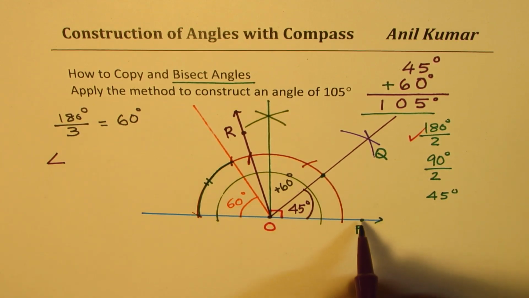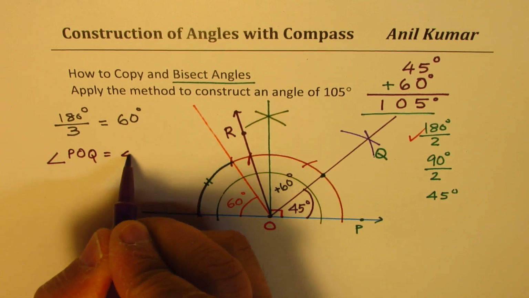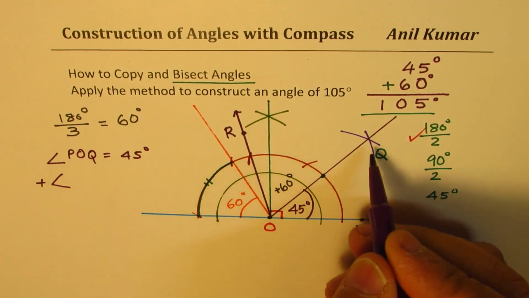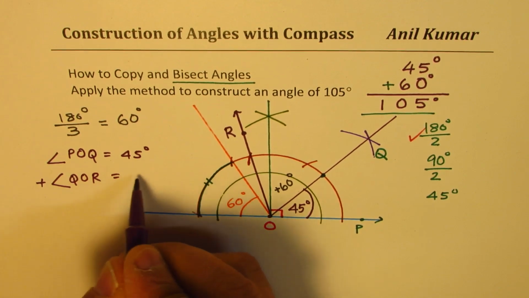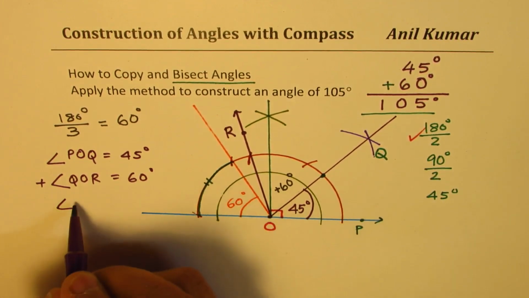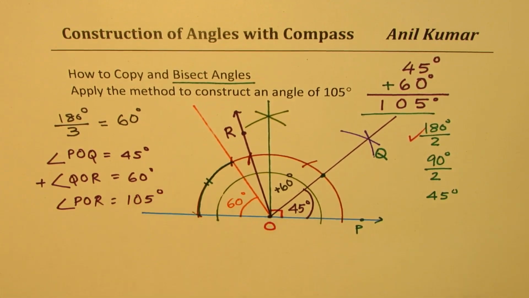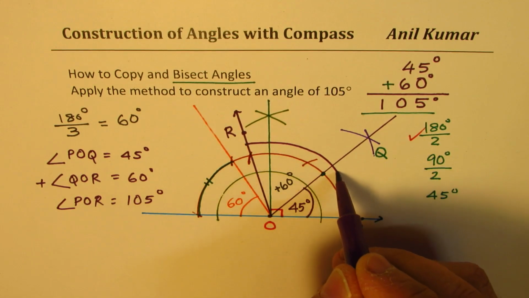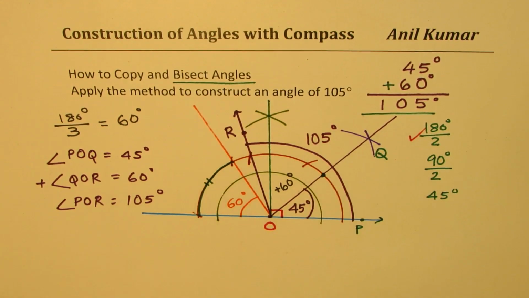Now we know the angle POQ was 45 degrees, and on that we added angle QOR, which is 60 degrees, and therefore what we get is angle POR, which is 105 degrees. Do you see that? So this angle here from this side, all this is 105 degrees. Do you understand how?